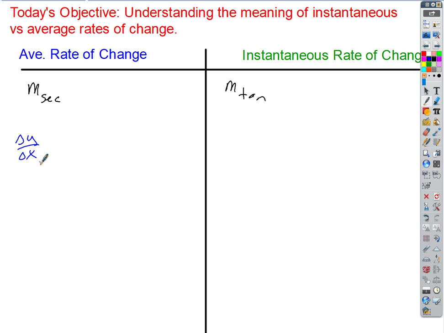So it's the slope of a secant line. What is that? Okay, change in y over change in x. Good. What is that in terms of f? f of... there you go. Good.